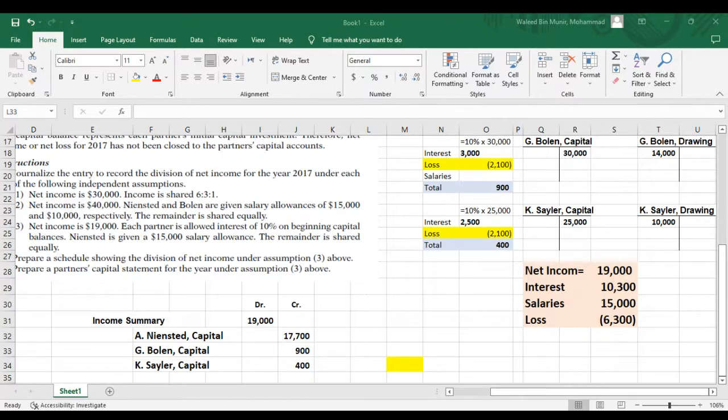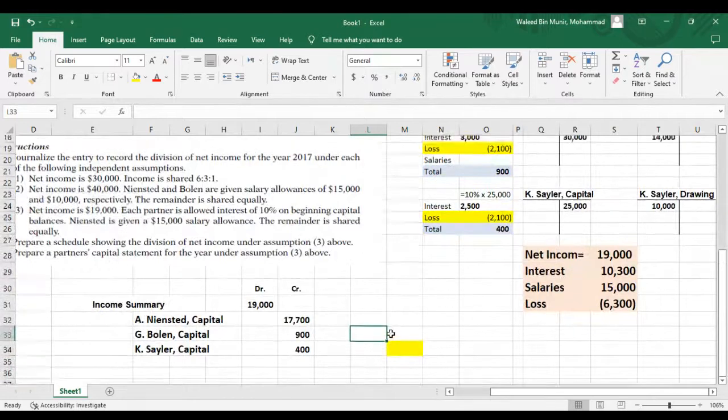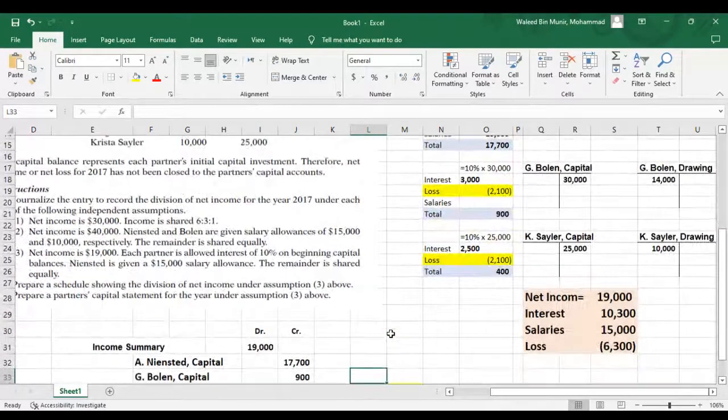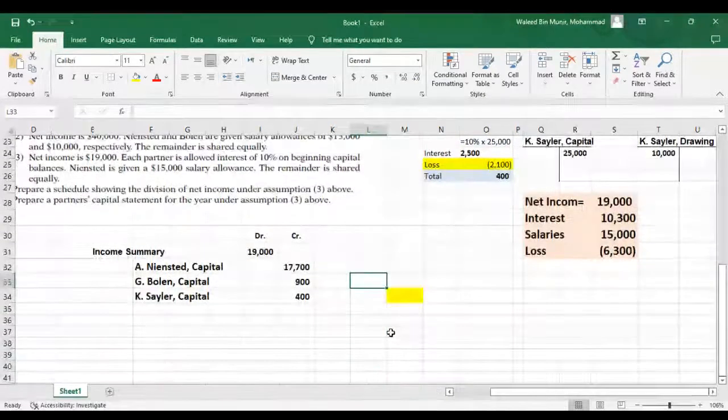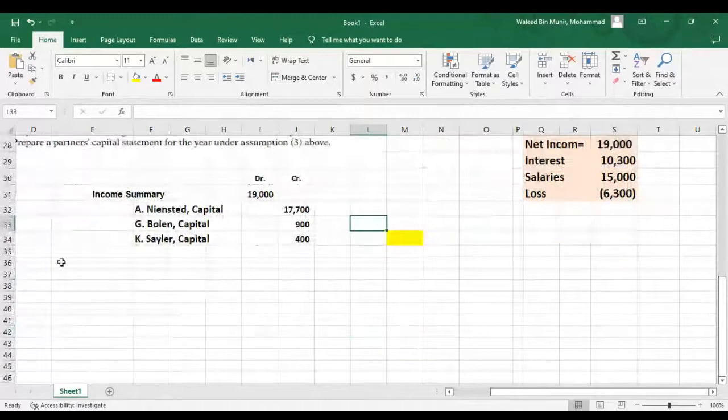Doctor, in the midterm, will you give us the schedule or T account, or will we have to write the T account and schedule? You have to prepare a schedule, like for example this one.